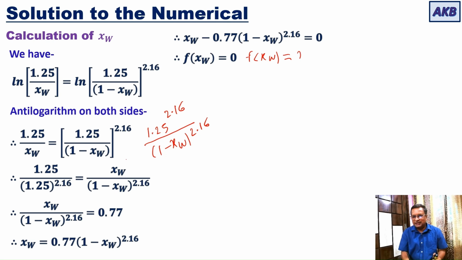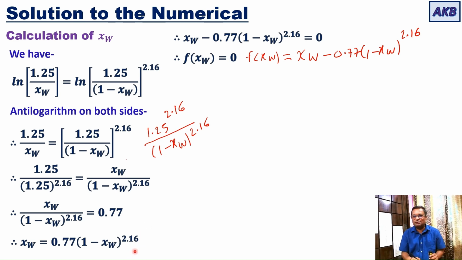What is that? It is xw minus 0.77 into 1 minus xw raised to 2.16. Okay. Now, in order to get the value of xw, one thing is clear. You need to solve this to get the value of xw.